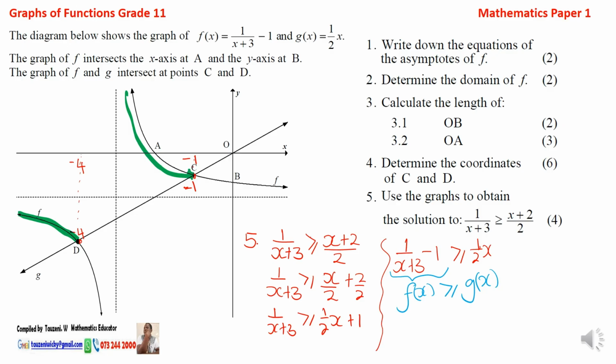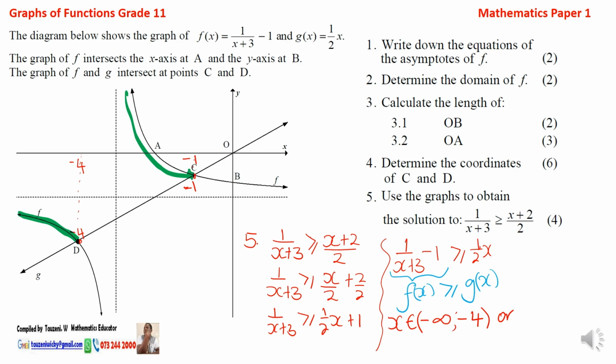So the answers for question number 5 are as follows. x is equal to from negative infinity up to point D, and the x value of point D is minus 4. Then the other one is from the vertical asymptote up to point C.